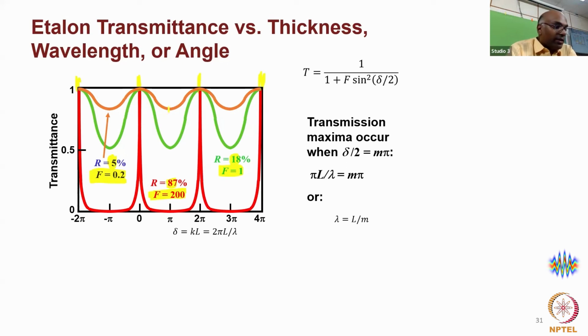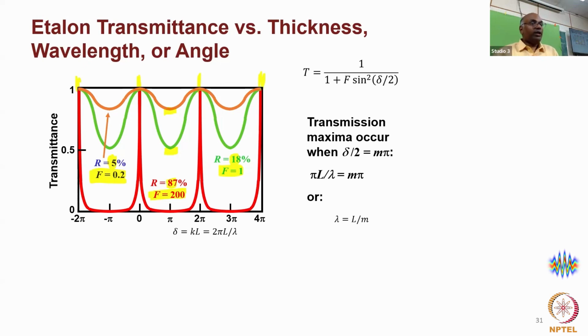That, as well as the fact that for relatively poor or small values of f, the minimum is not 0. The minimum transmittance is further and further away from 0, getting closer to unity. So the contrast diminishes. That's a feature of how the transmittance depends upon the quantity f, which is 4r divided by 1 minus r squared.